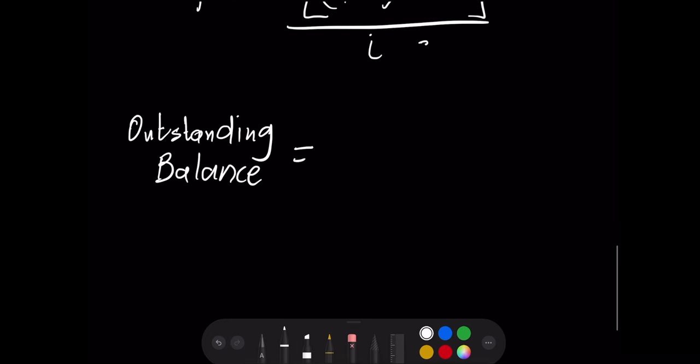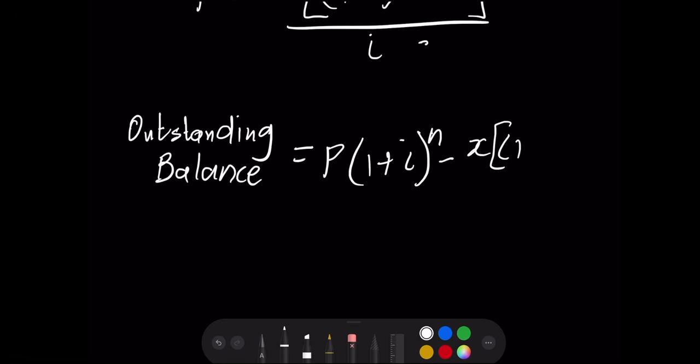Of course, at the end of the term, that should give you 0. So it will be P into 1 plus i to the power n, minus x into 1 plus i to the power n minus 1, divided by i.